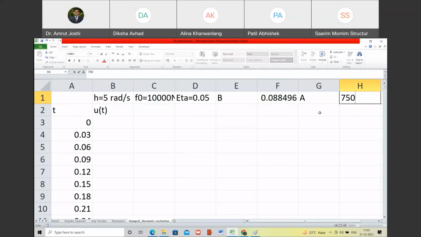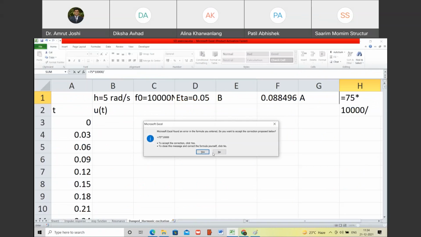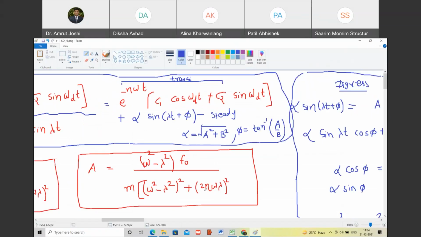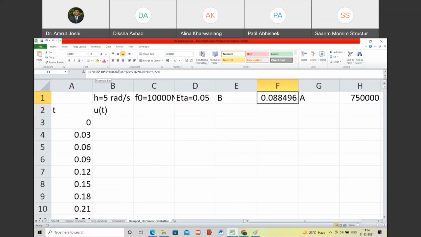750,000. Is that right? Sure. 75 into 10,000. Then divided by. Are we borrowing the same denominator? यहाँ का ही denominator है ना? Same. So what I will do is copy this.